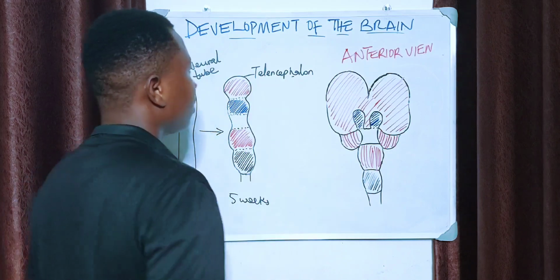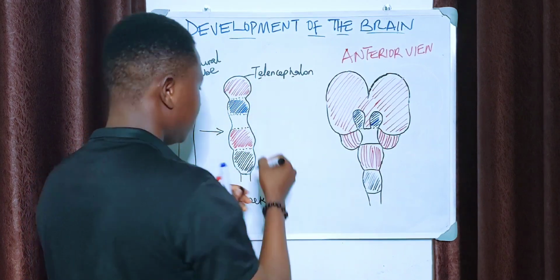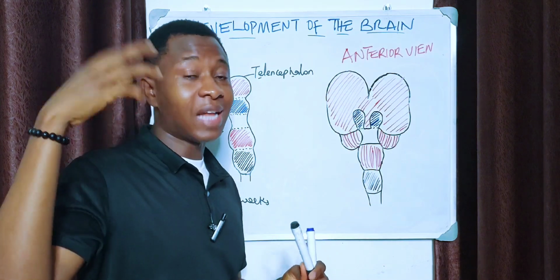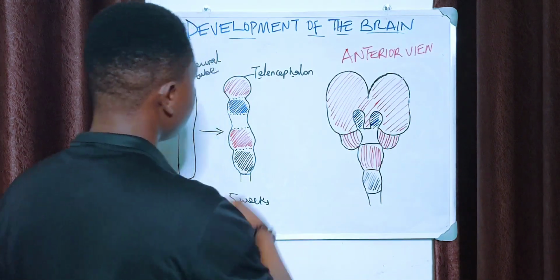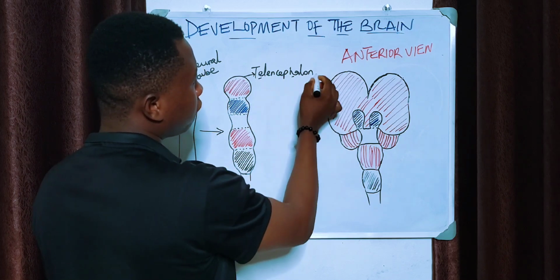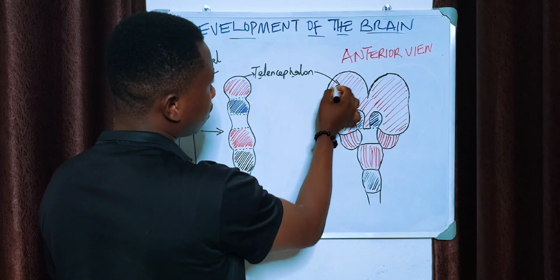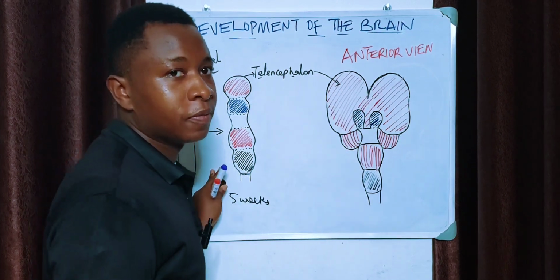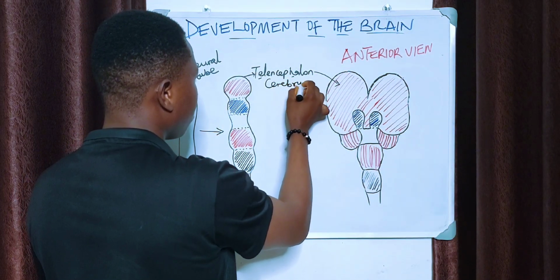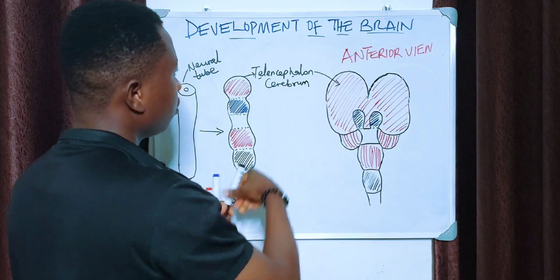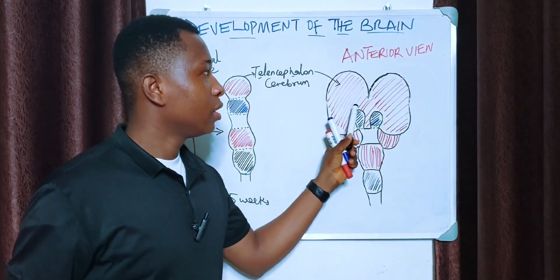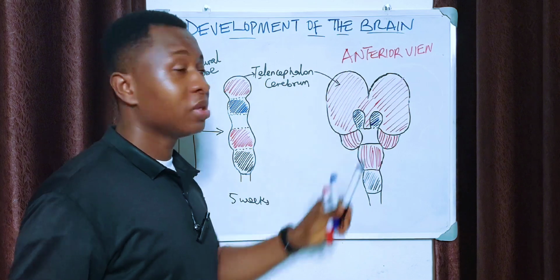And tel just means that it is at the top part or the starting part. So the telencephalon differentiates to form this part of the brain, called the cerebrum.